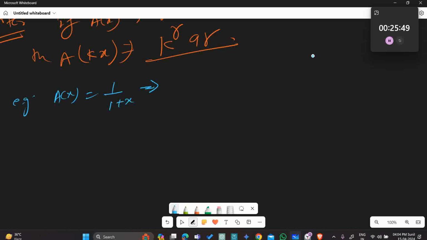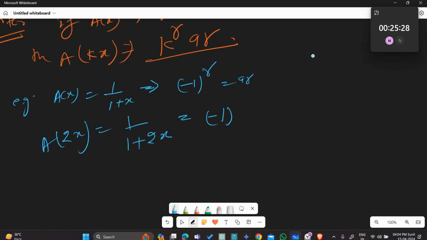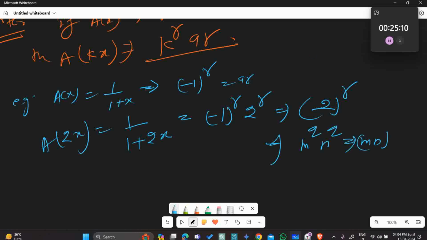Then it will become minus 1 to the power r for a r. But if a of 2x is 1 upon 1 plus 2x, then it will become minus 2 to the power r. The formula is m to the power r, n to the power r becomes (mn) to the power r. This was the formula.